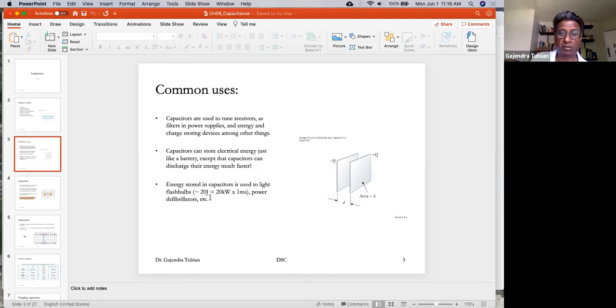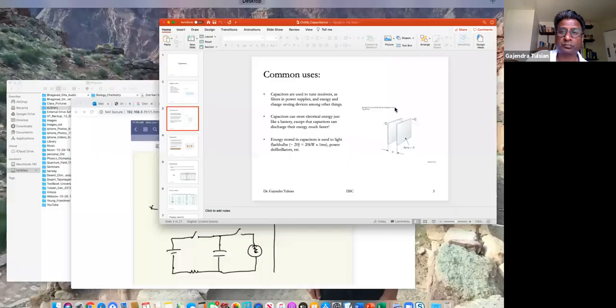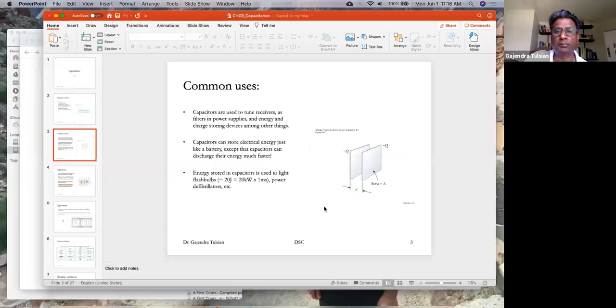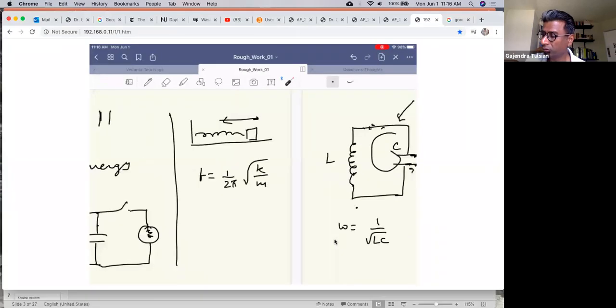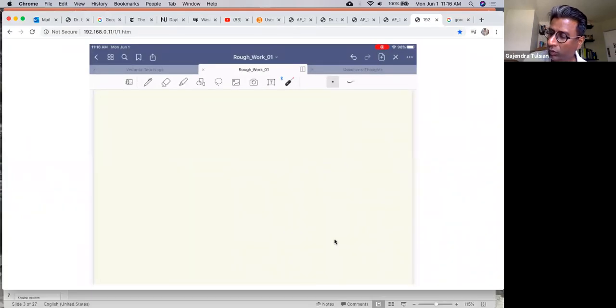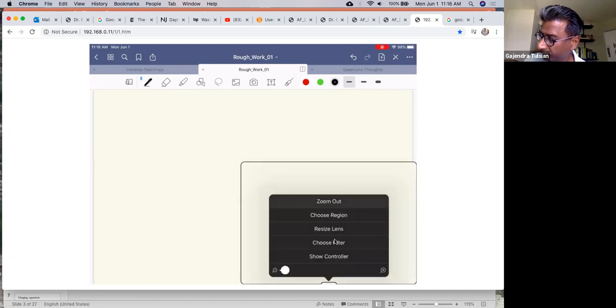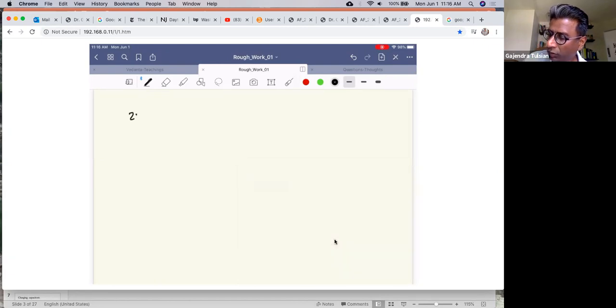So here's what you can do with 20 joules, and that's what that is showing you.